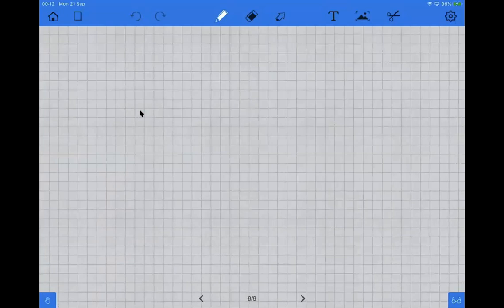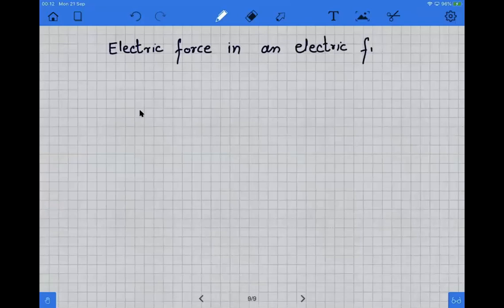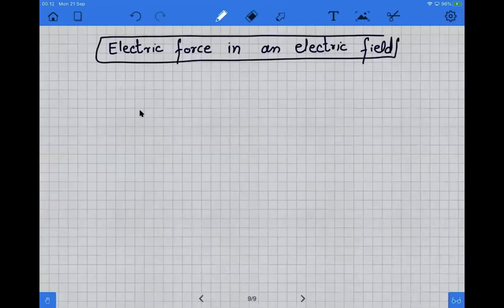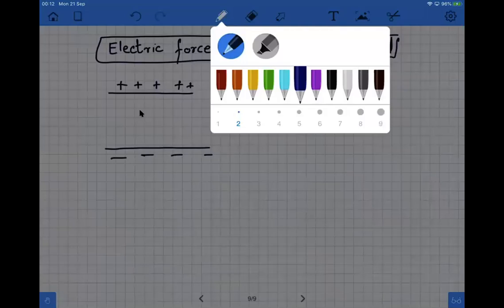Now the concept of electric force in an electric field. So initially we'll deal with a uniform electric field. For example, if you have two parallel plates, the field between the parallel plates is uniform.